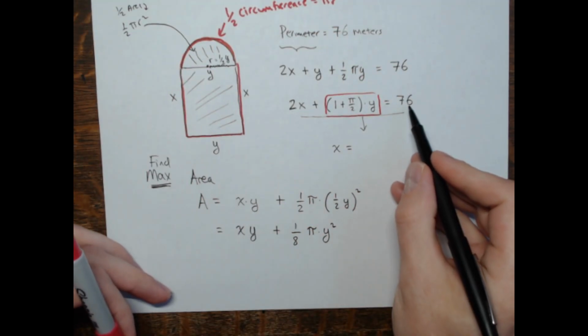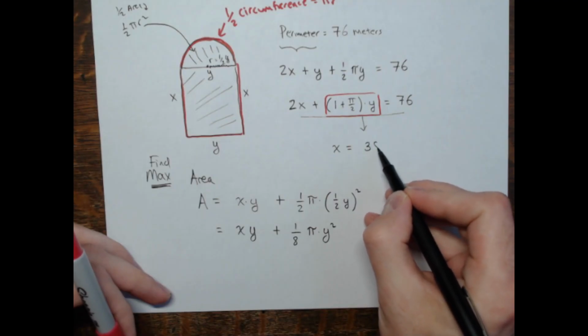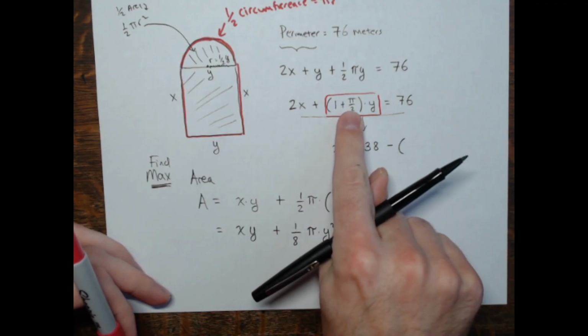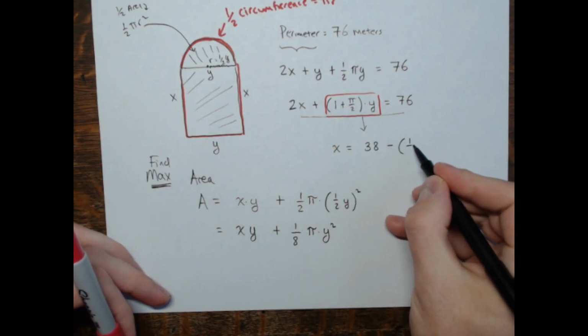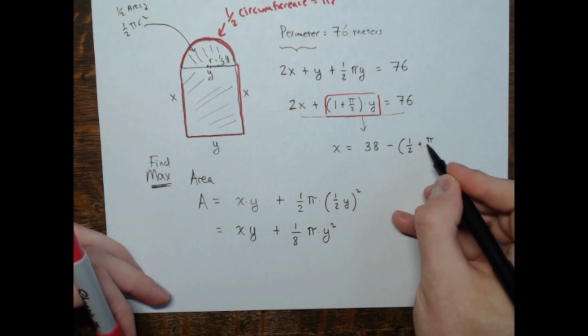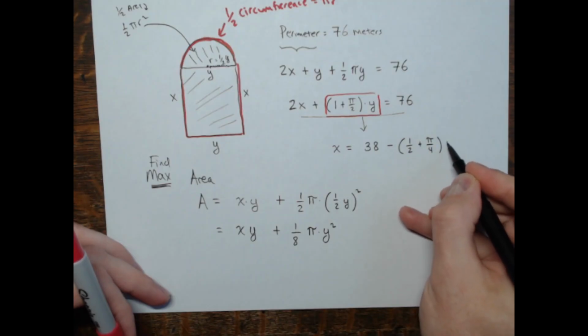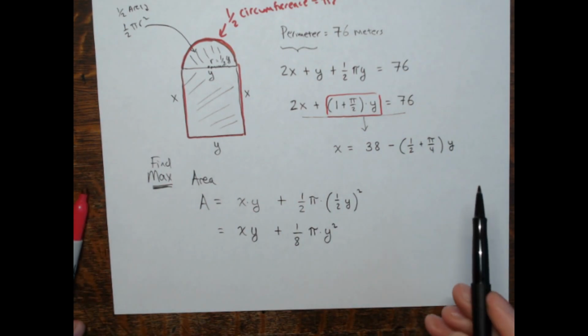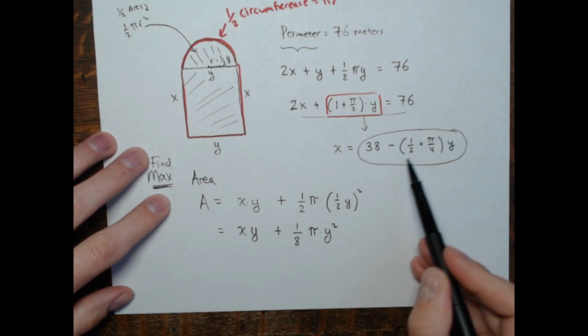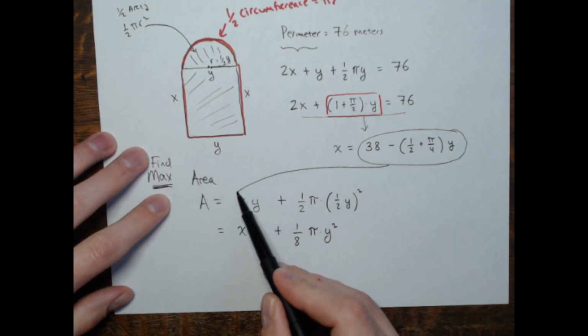So half of 76 is 38, minus, and when I do half of this, you'd have a half plus pi over 4, distributing the half in there, times y. All right, so then this expression is going to go in for x.